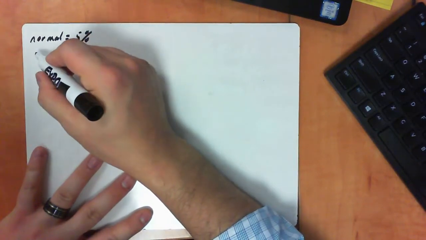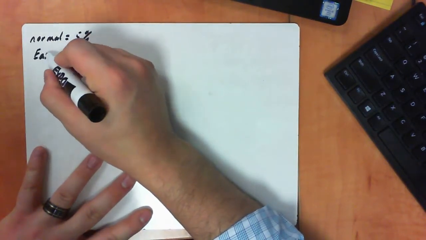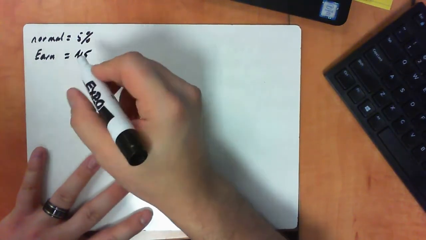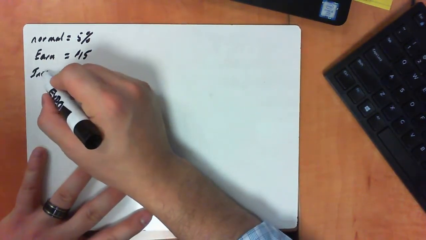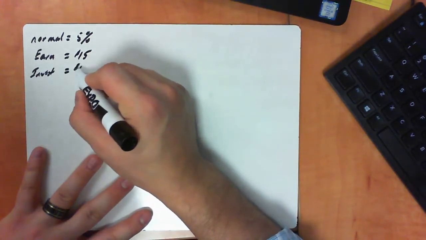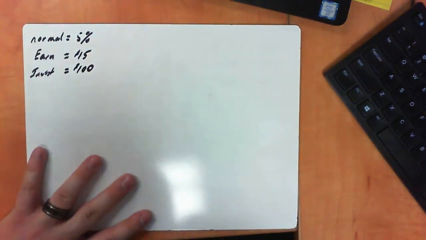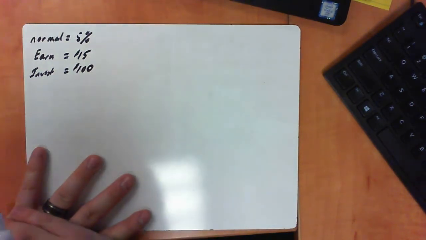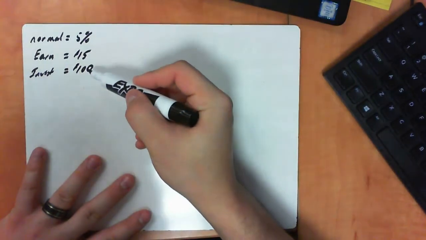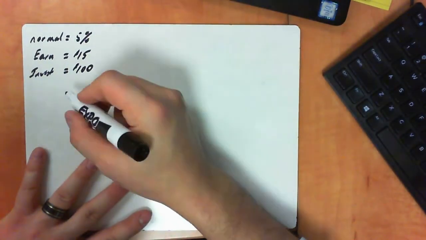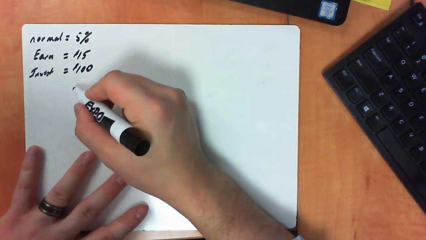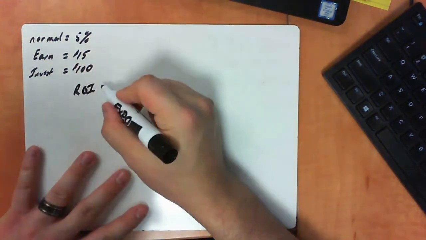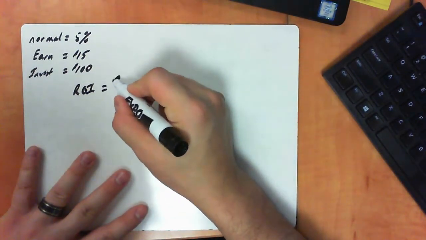Well, they're earning $15, okay, on an investment of $100. The way we calculate the rate of return is we have to divide how much they've earned by how much they invest. So the return on investment, or ROI, is equal to the amount returned.